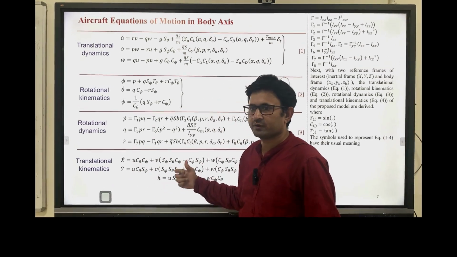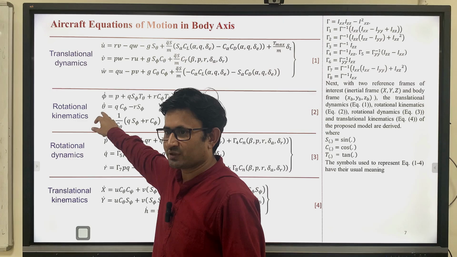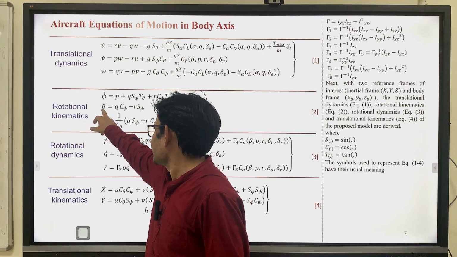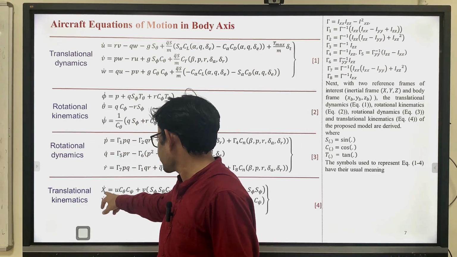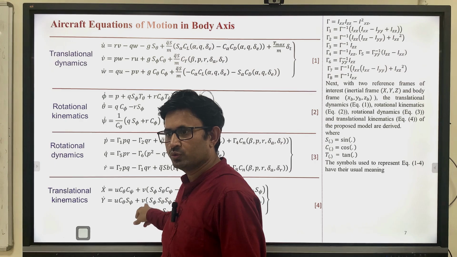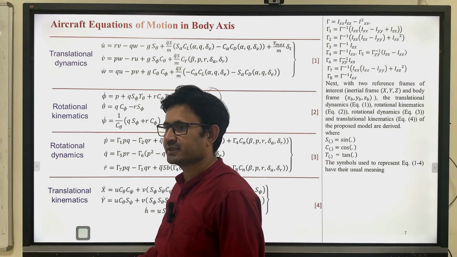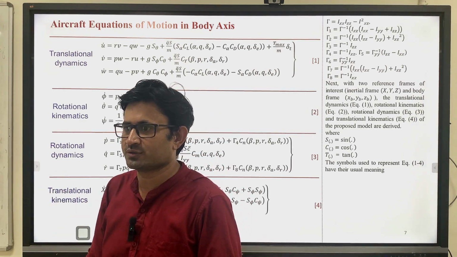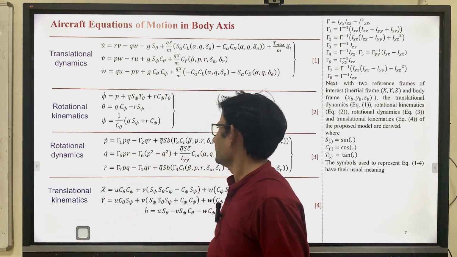If you take the Euler angles, you can find the rotation matrix, right? So this part and this part are derived, because already we have established the phi dot, theta dot, psi dot relation to P, Q, R and x dot, y dot, z dot to U, V, W by the rotation matrix. See, if you multiply by the minus sign, z dot will become h dot, because this is z dot, this is h dot, right? Simple.